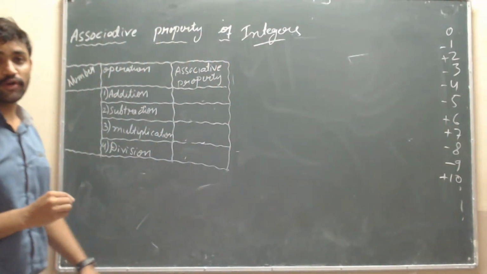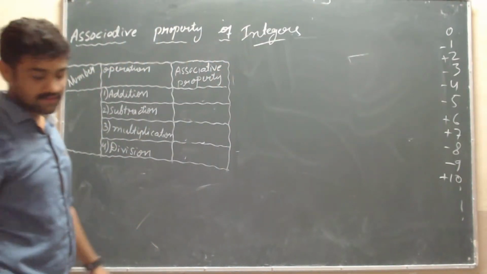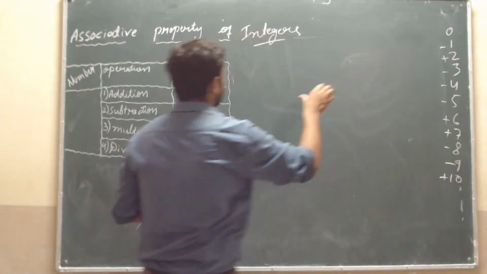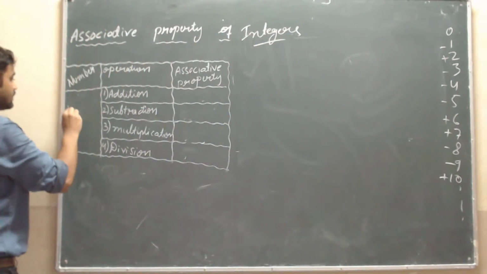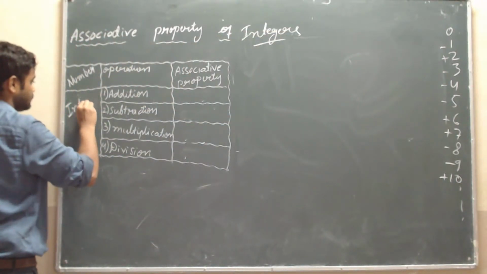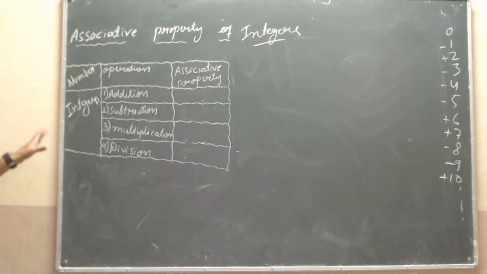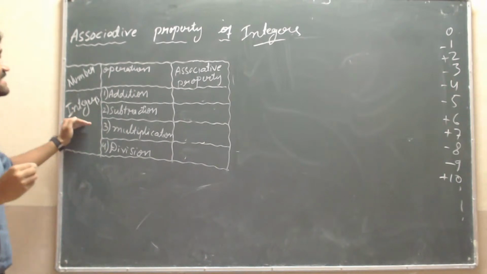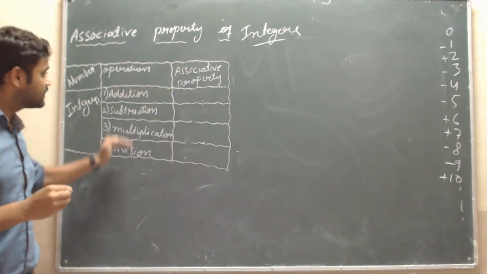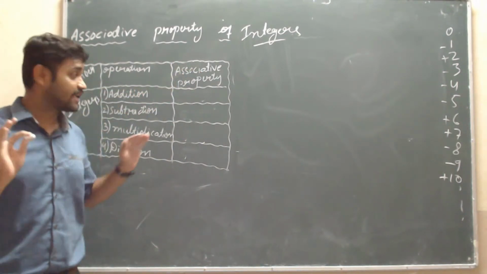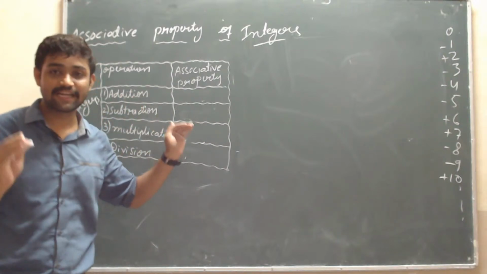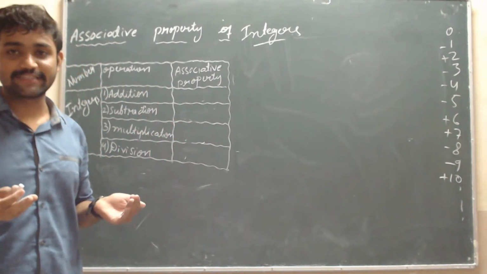These are the examples for integers. Now we have to check whether the integers are associative under these operations or not, that is, under which operation the associative property is obeyed or not obeyed.